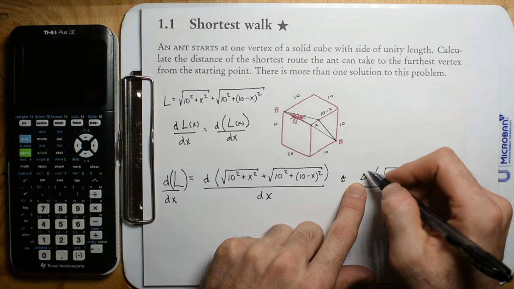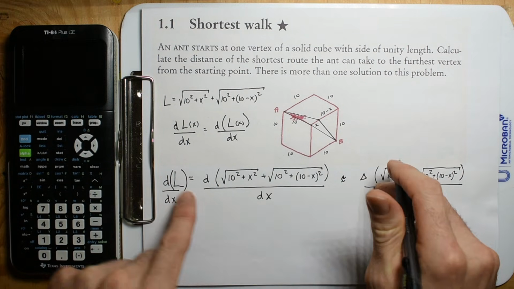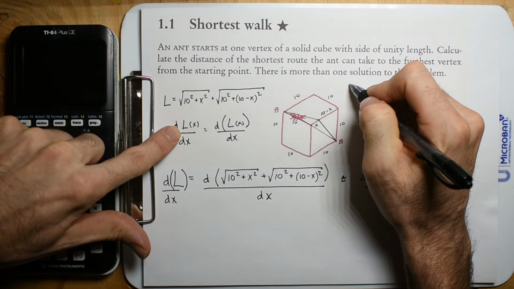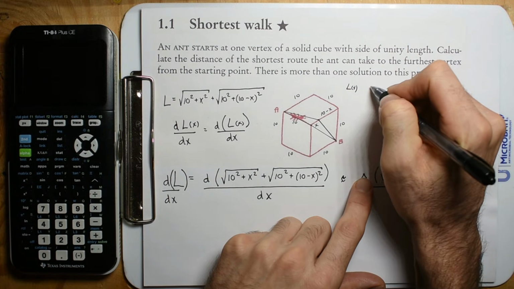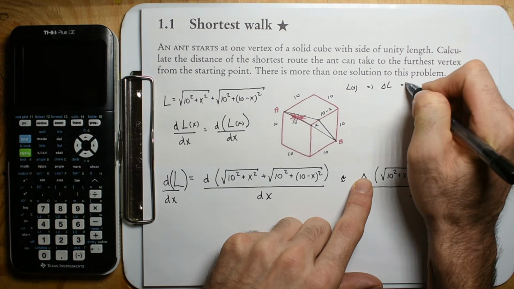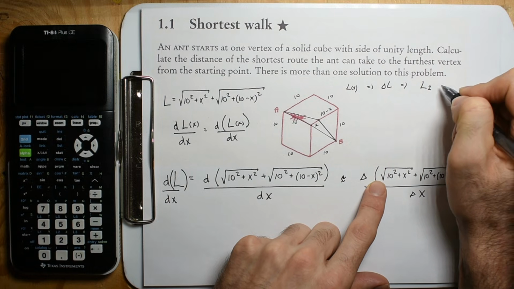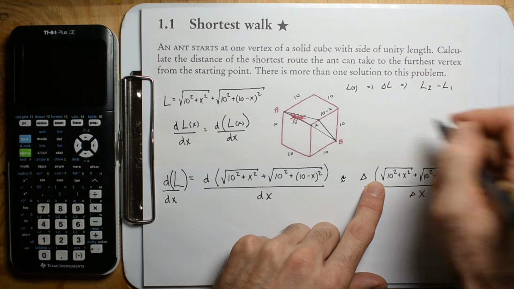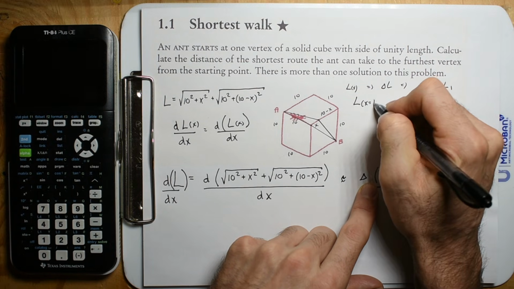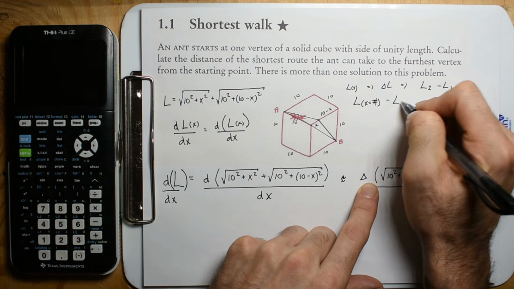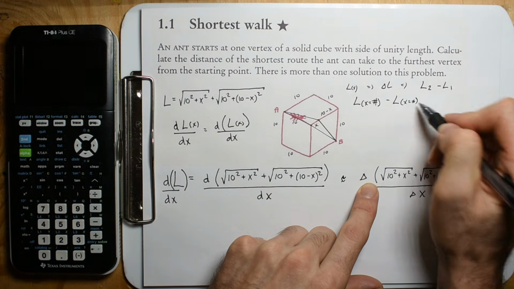This equation L(x) is length, so we're looking at the change in length, which is L2 minus L1: the length where x is some number bigger, minus the length where x is some number smaller. Cool, that's that aspect.